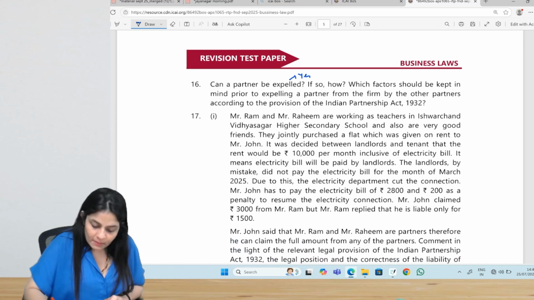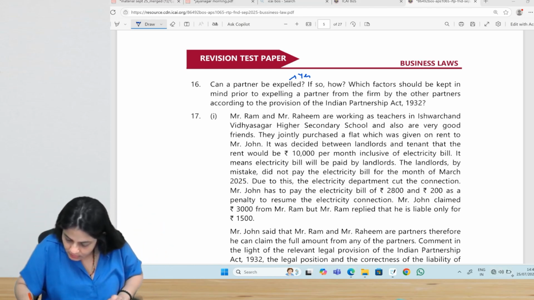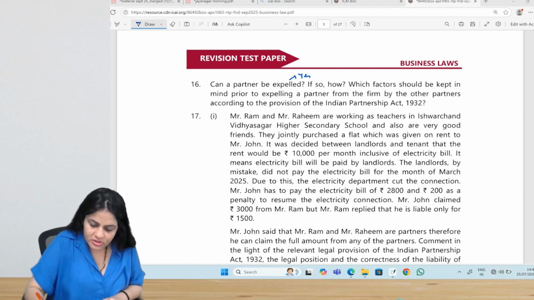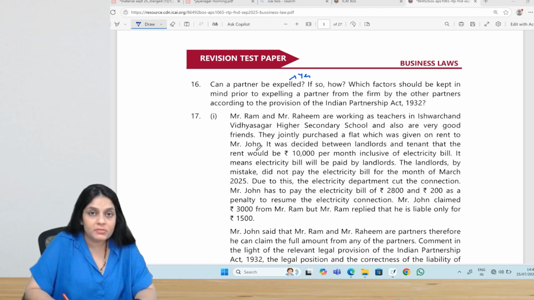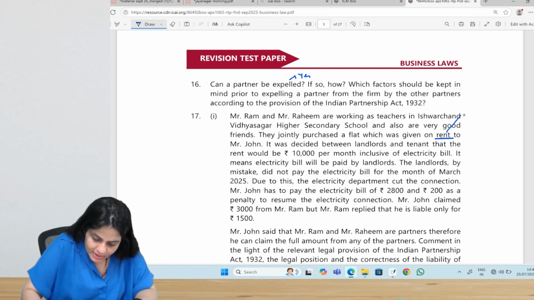Mr. Ram and Mr. Rahim are working as teachers in Ishwar Chand Vidyasagar High Secondary School, and also are very good friends. They jointly purchased a flat which was given on rent to Mr. Jones. Okay, they have purchased and given it on rent.